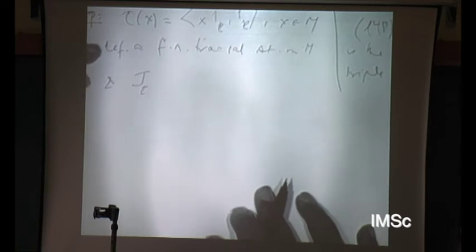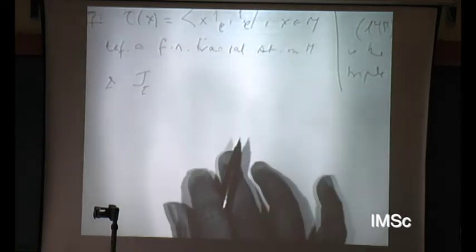So we need to verify that this tau is a faithful normal trace and so on.